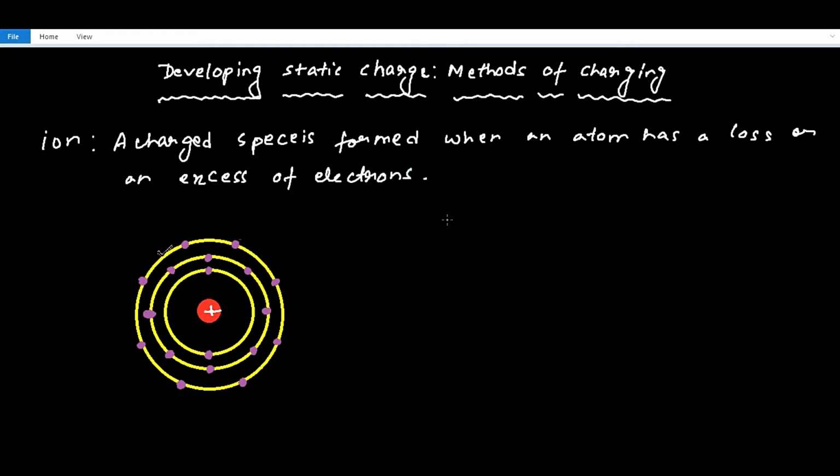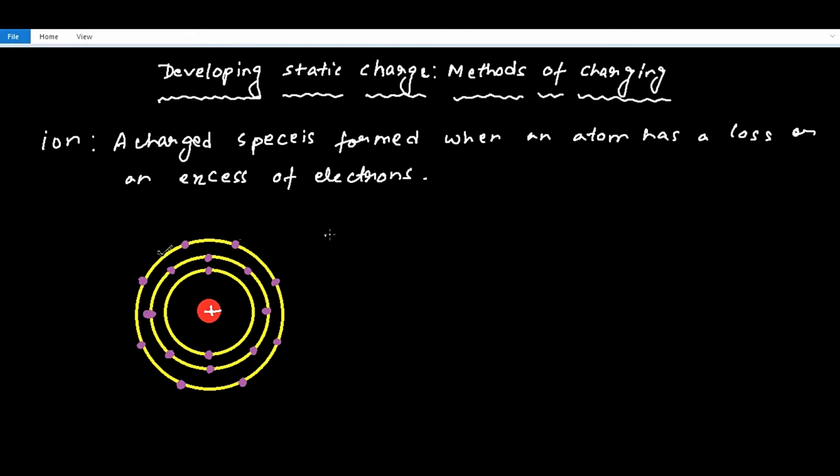If an atom has a loss of electrons, then the atom will become positively charged. Or in other words, it becomes a positively charged ion. However, when it has an excess of electrons, when it has more electrons than protons, then we say that the atom becomes a negatively charged ion.